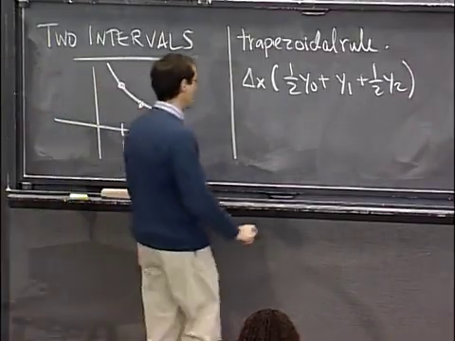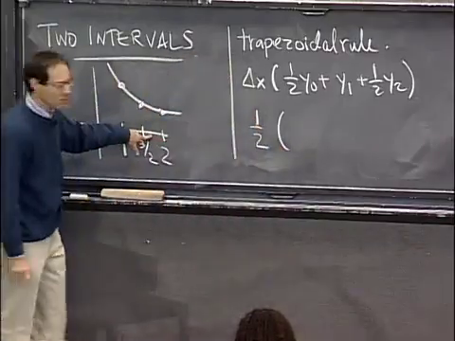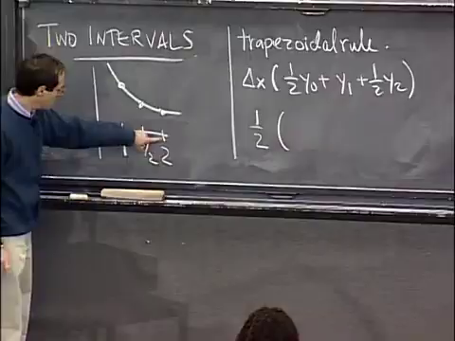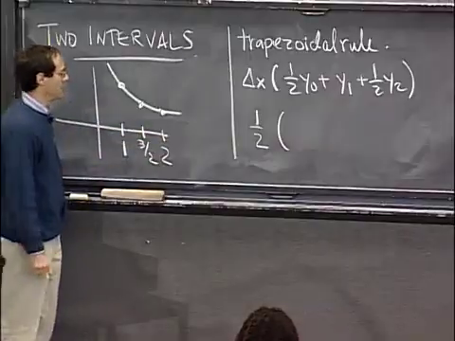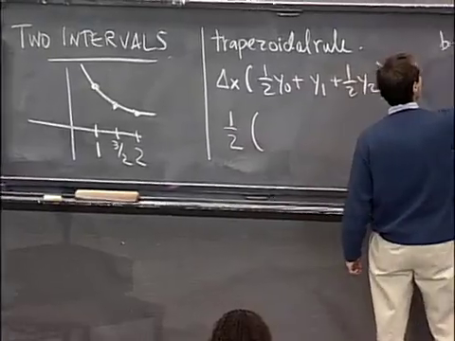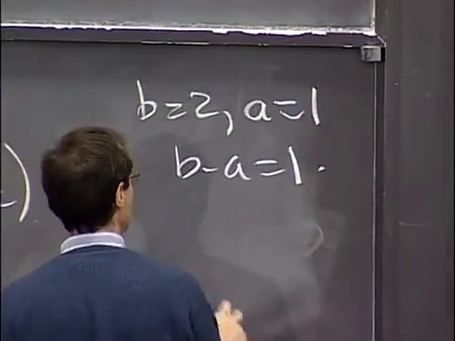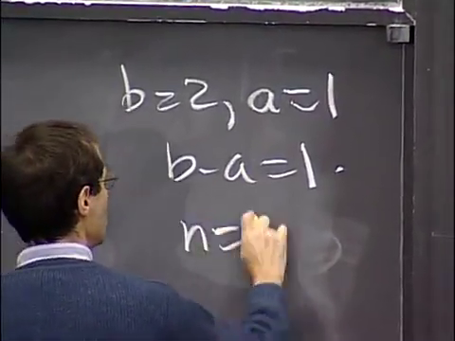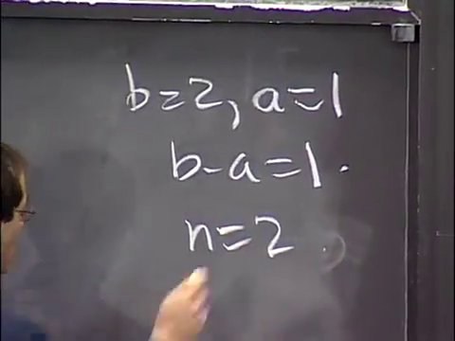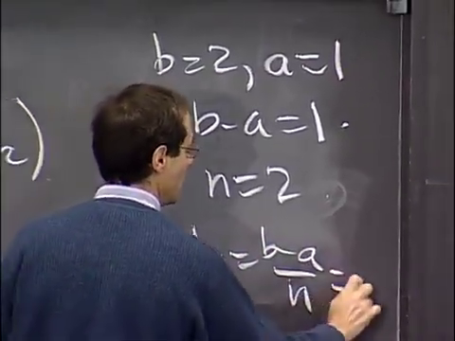In this case, delta x is a half, because the interval has length 1. Here, b is equal to 2, a is equal to 1, b minus a is equal to 1, and the number n is 2. And so delta x, which is b minus a over n, is a half.